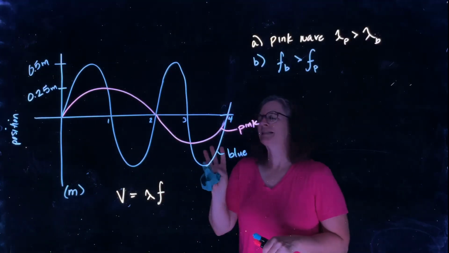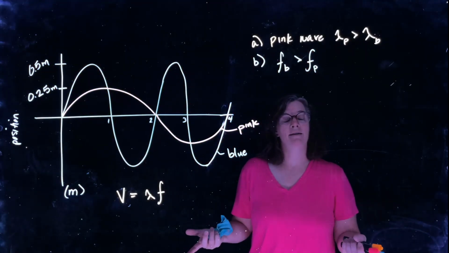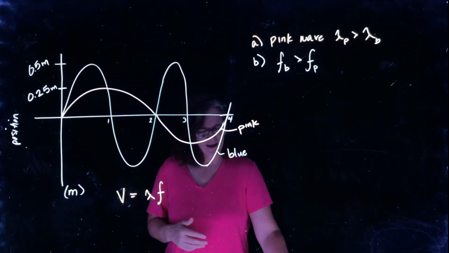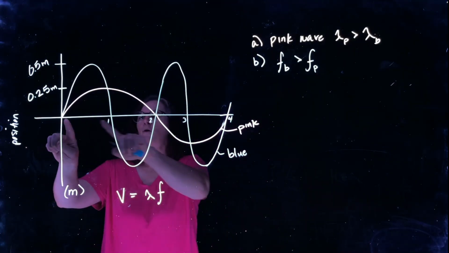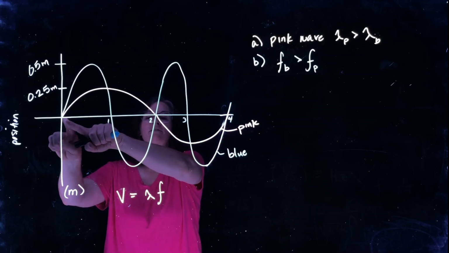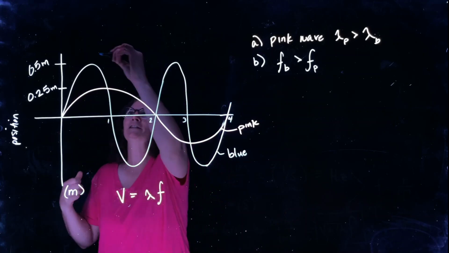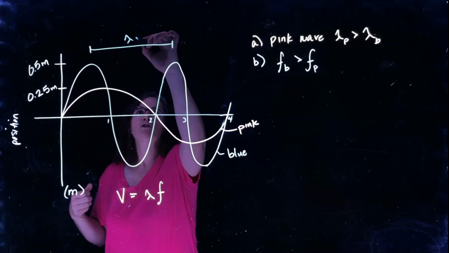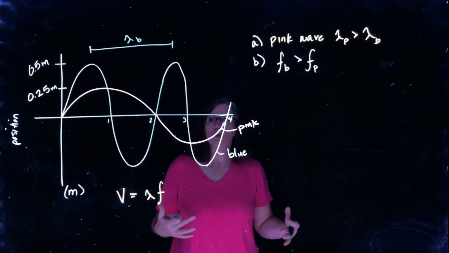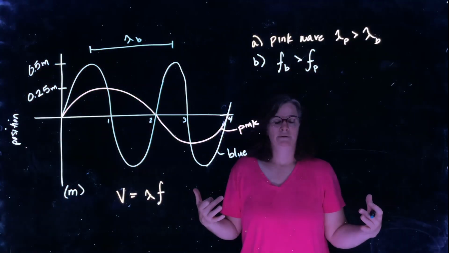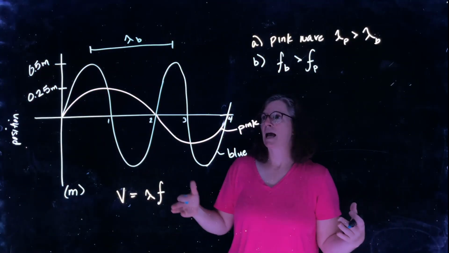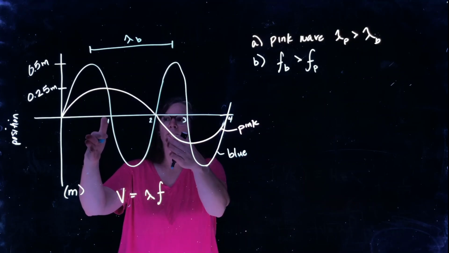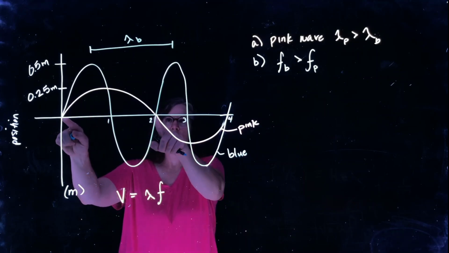And it says, from this data, can we determine the wavelength? Well, yeah, remember, the wavelength is simply how long that wave is cycle to cycle. And I know I did the wavelength comparison from the start, but visually I think it's a little easier if we go from a peak to a peak or a trough to a trough. So there's the blue guy, and it goes from 1/2 a meter to 2.5 meters, or we can see from 0 to 2.